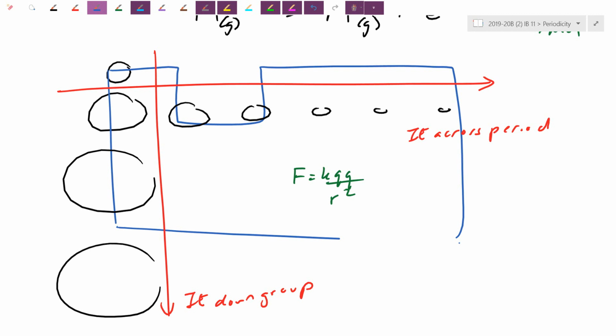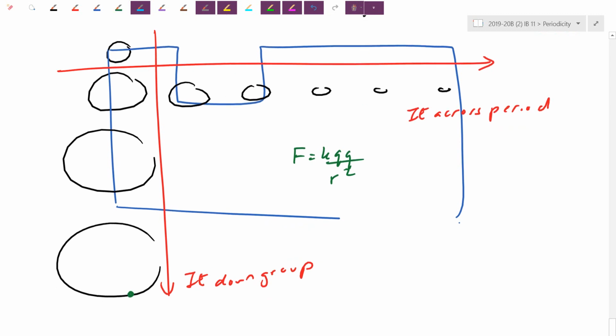Okay. So let's go up and down a group first. Should be a little bit easier. When I have a large atom like cesium, like francium, pulling this electron off, it's actually really, really far away from the core, as opposed to pulling off, let's say, for hydrogen. The effective nuclear charge may be +1 in all these cases. Yes, francium has way more protons, but by the time you subtract out all those screening electrons, this outer electron only sees a +1, like hydrogen has a +1.